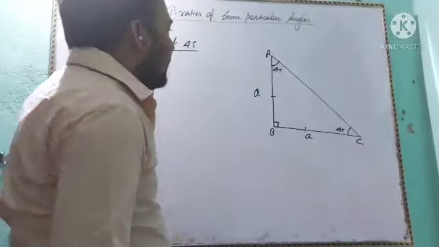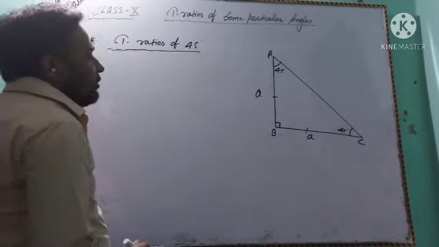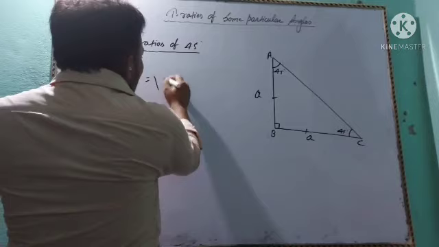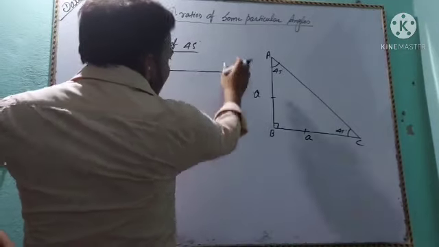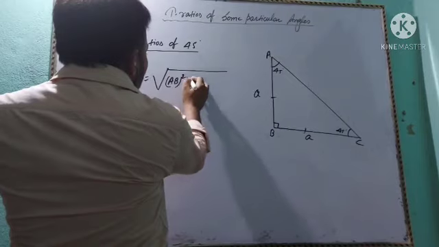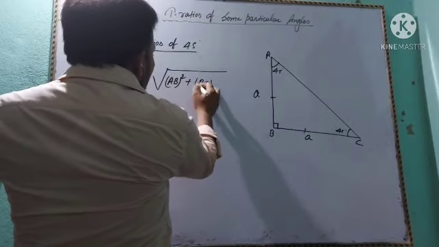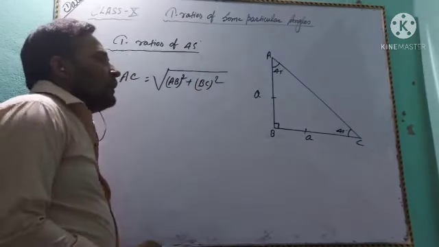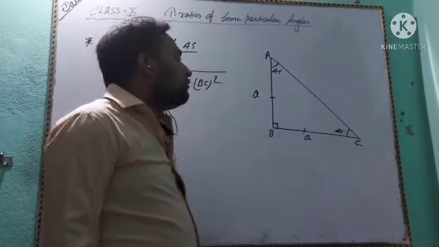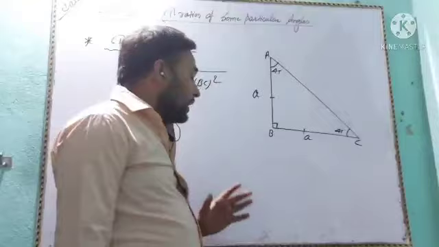First of all, find the AC by using Pythagoras theorem. AC is equal to root under AB square plus BC square, because we know that AC is the hypotenuse. Hypotenuse is the side opposite to the right angle.